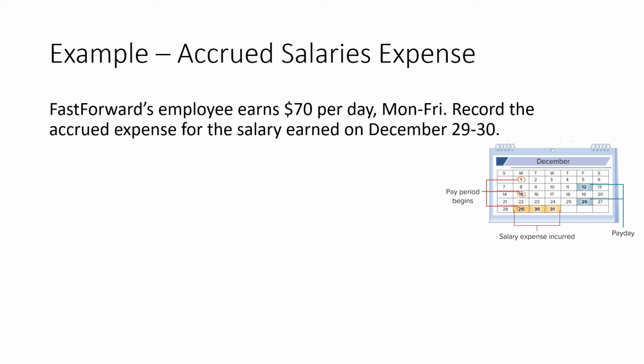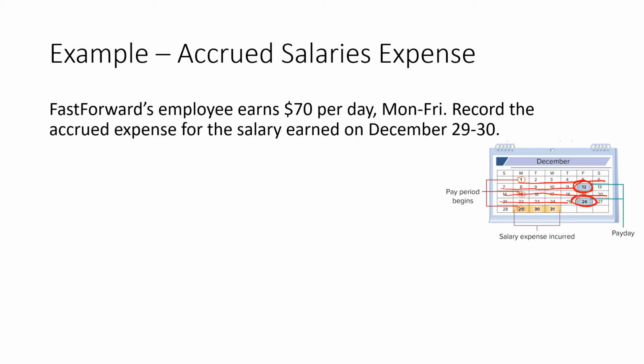So essentially here what we're looking at is Fast Forward has a 2-week pay period. So you can see here the pay period starts on the 1st and the 15th. So the 1st, and then we go here, get almost to the end of that week, they have a payday. And then the same goes here. We have a pay period, then a payday.